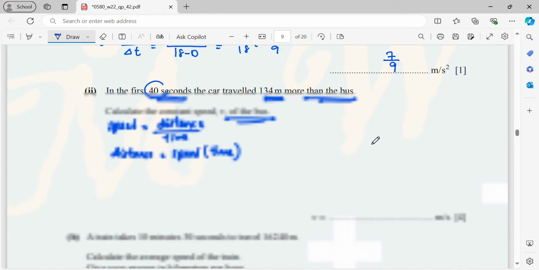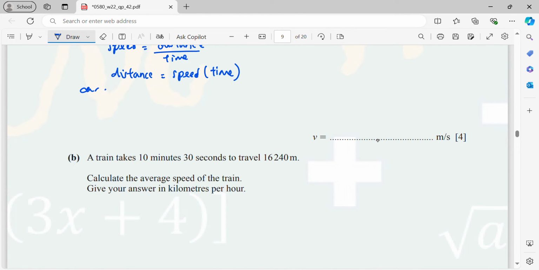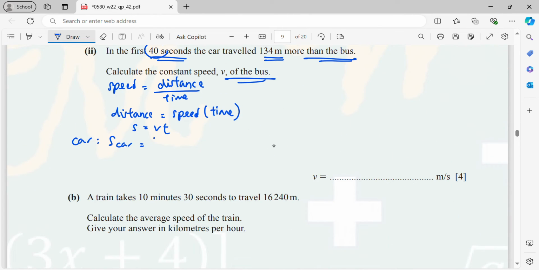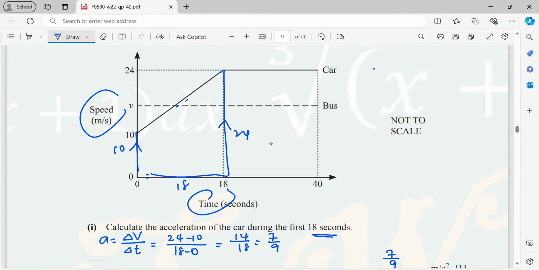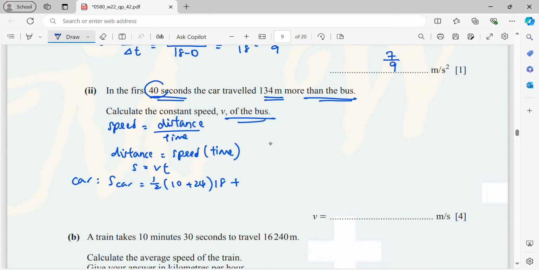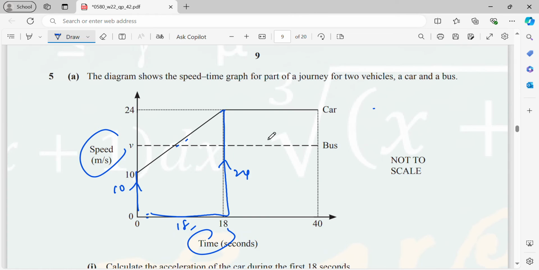So I know that for the car, the distance, or probably I just write S, S equals V times T. So for the car, S car equals the trapezium area. So half times 10 plus 24, these two are the parallel sides, multiply with 18, and then plus the rectangle.